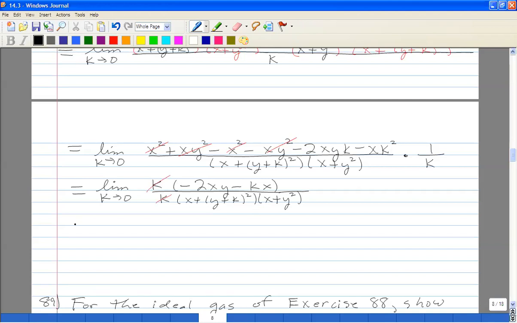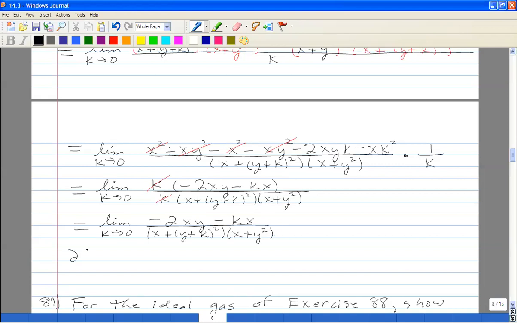And so this is the limit as k approaches 0 of negative 2xy minus kx over x plus y plus k squared, x plus y squared.